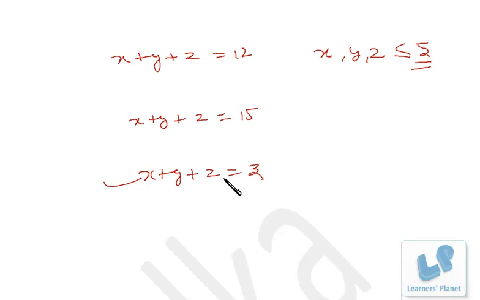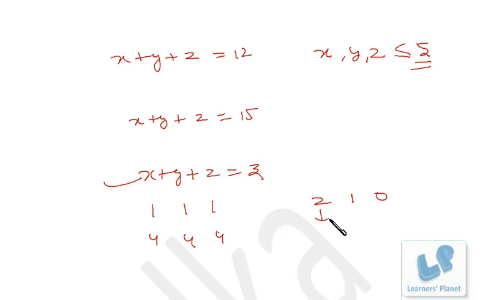Now suppose once again, for example, x, y and z each make a loss of 1, 1, 1. That means x is actually getting 4 marks, y is also getting 4 and z is also getting 4. And suppose it is 2, 1 and 0.